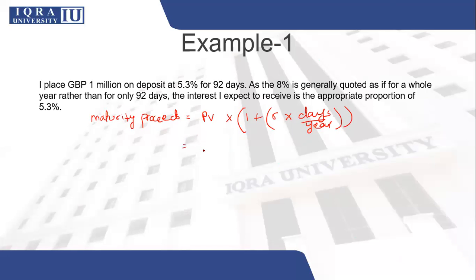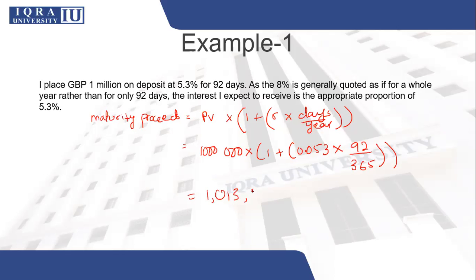The present value is 1 million, times 1 plus 0.053 times 92 divided by 365, and you get 1,013,358.90.